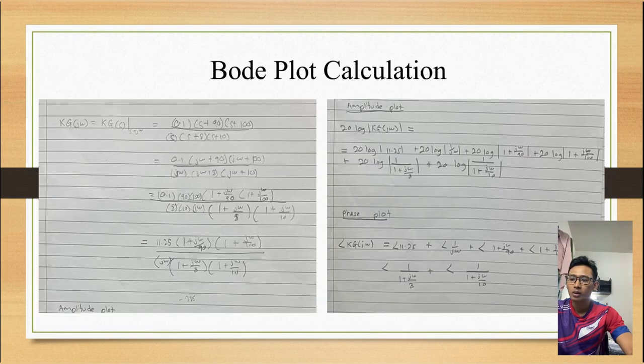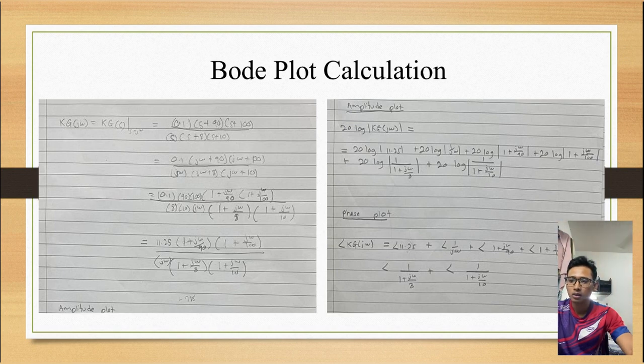Okay. Next is for the Bode plot calculation. To do the Bode plot technique, the transfer function is as shown in the figure. So we need to change the s to j omega.